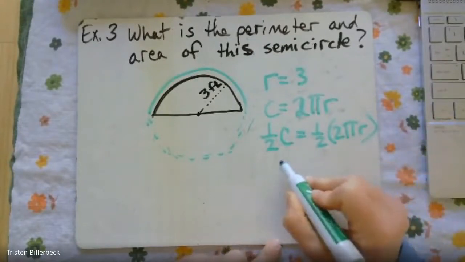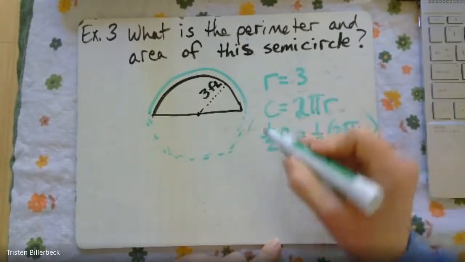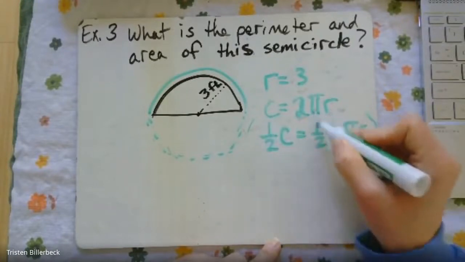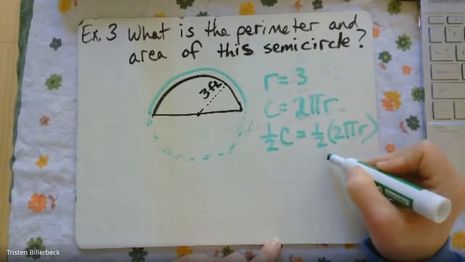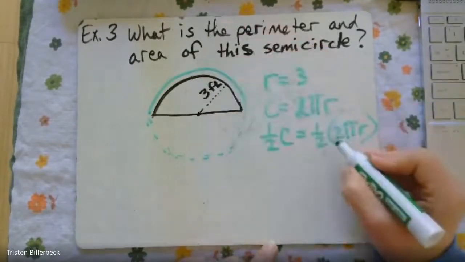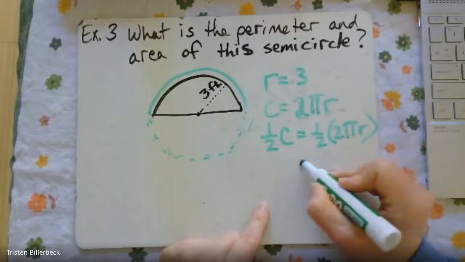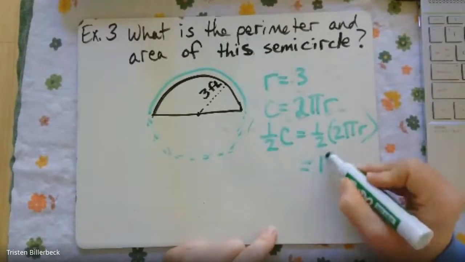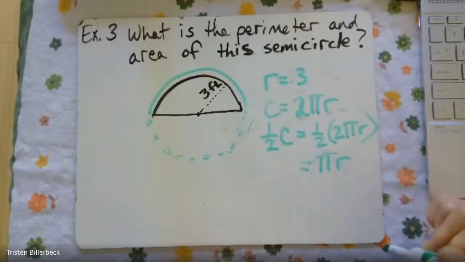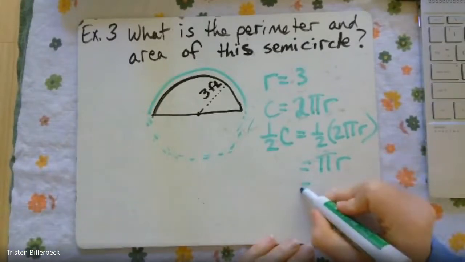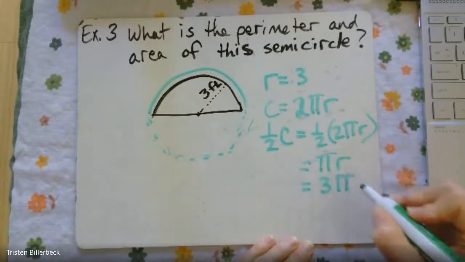Actually, we don't have to multiply by 2 because we're just trying to find half of the circumference. So what is that? So half of 2 is 1. So we have pi r. Well, we know what r is. It's 3. So this is 3 pi.